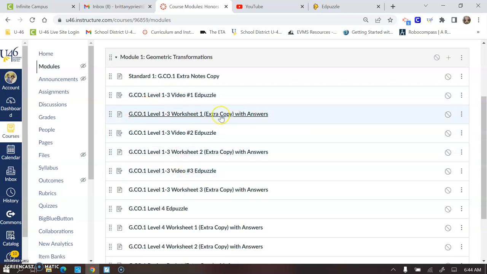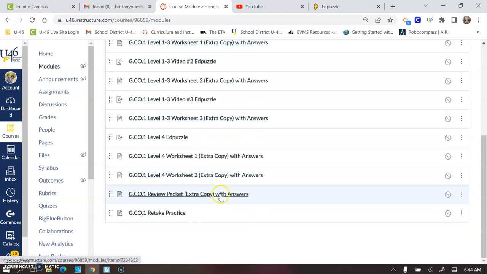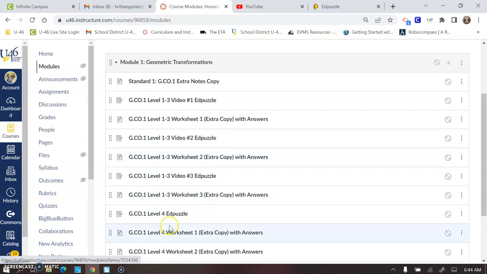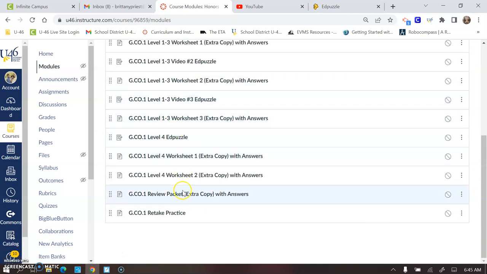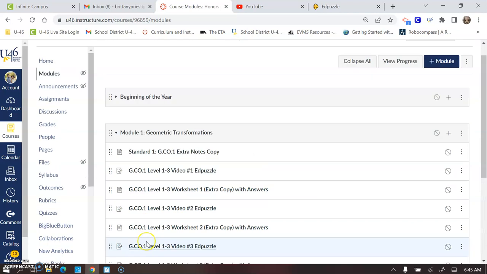I have extra worksheets, and then also when you complete the worksheets, there's an answer key here that you can check. And then I also have an extra review packet, and then we already talked about having that retake practice. So just a rundown of what is in this section of GCO1. It contains the notes, the Ed puzzles, the worksheets with answers, and the review packet and the retake practice.